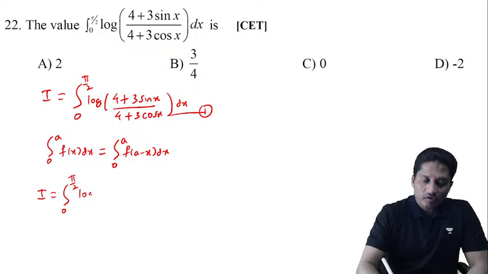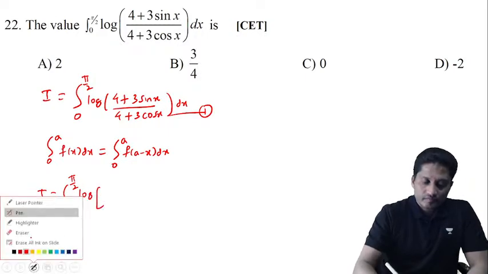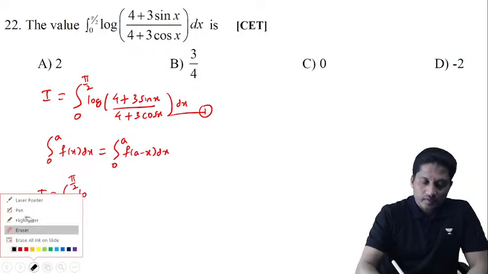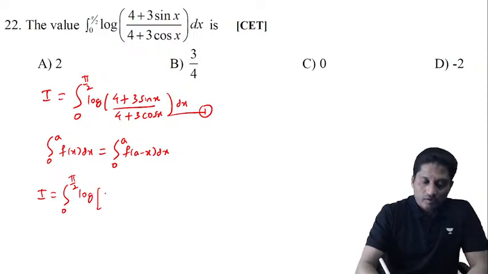And then this is equal to log of 4 plus 3 into (upper limit minus x), that is sine of pi by 2 minus x, divided by 4 plus 3 times cos of pi by 2 minus x.